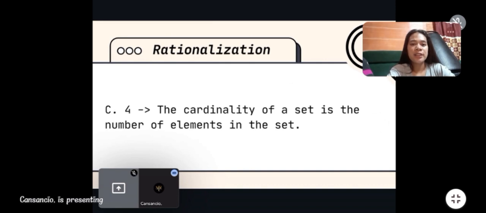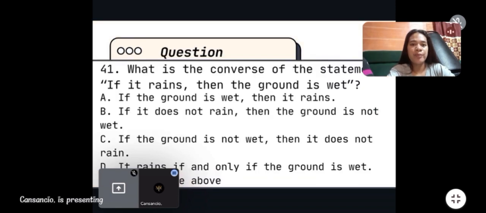Next, number 41. What is the converse of the statement: If it rains, then the ground is wet? A. If the ground is wet, then it rains. B. If it does not rain, then the ground is not wet. C. If the ground is not wet, then it does not rain.